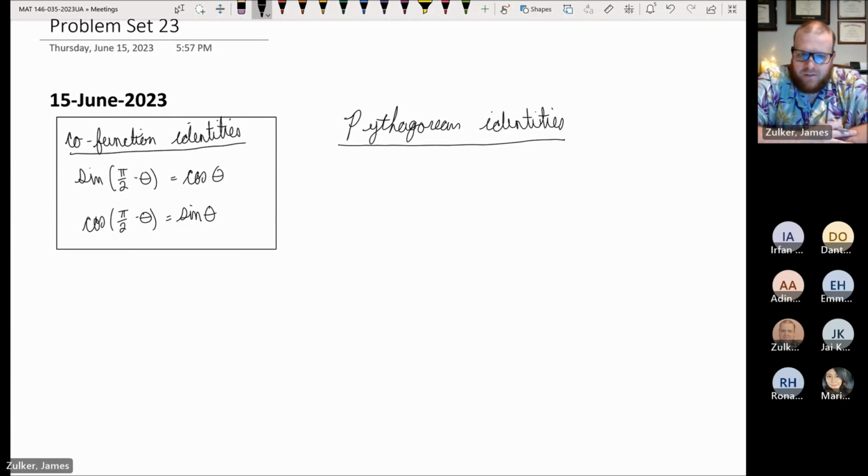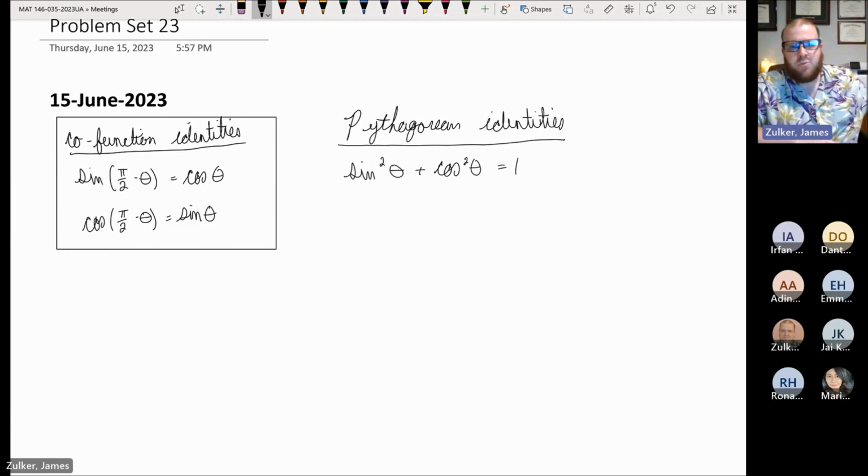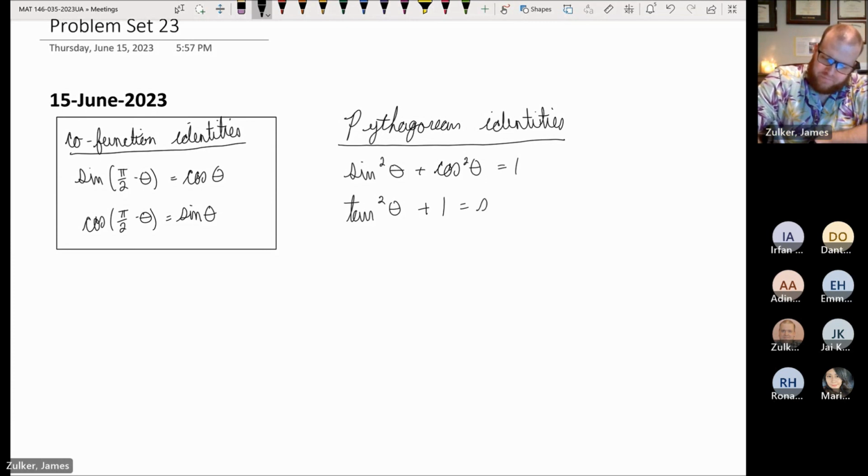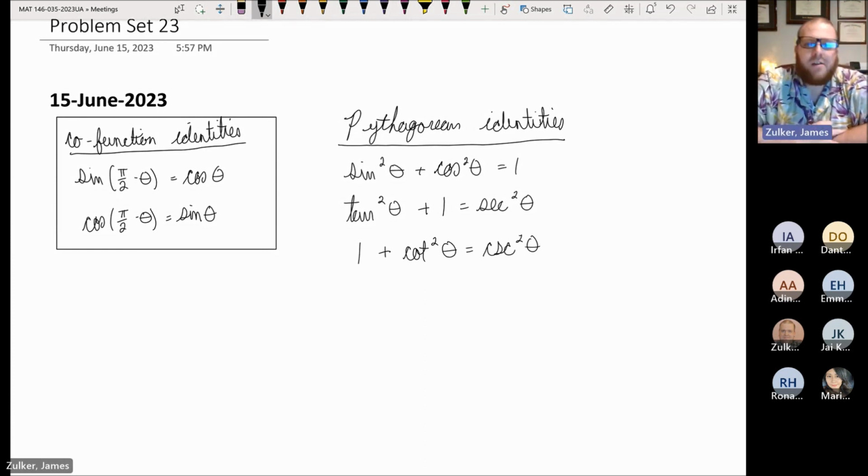There are three of them. Sine squared plus cosine squared is equal to 1. Tangent squared plus 1 is equal to secant squared. One plus cotangent squared is equal to cosecant squared.